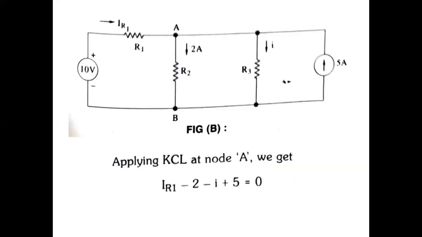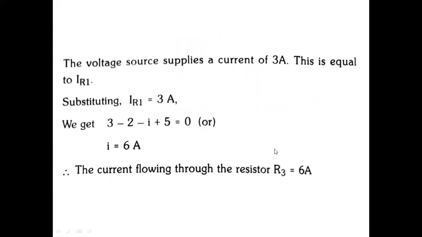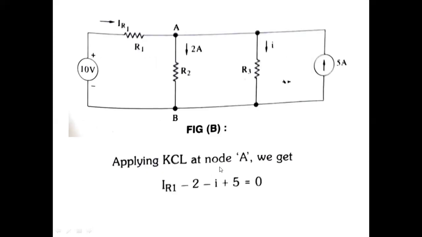So assume the source current is IR1 and 2 amperes is flowing in this direction and the current through R3 is I. By applying KCL at this junction, IR1, that is 3, entering current, leaving current, so 3 minus 2 minus I plus 5 is equal to 0. So I is equal to 6 amperes. So the current flowing through resistor R3 is equal to 6 amperes.